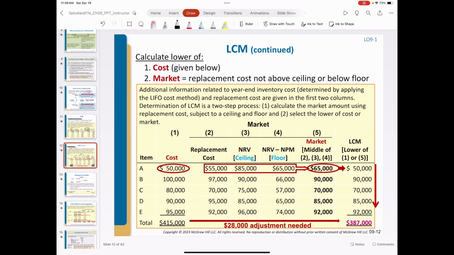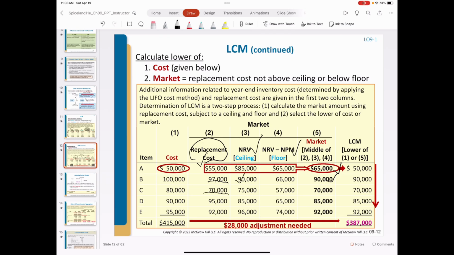Next, replacement cost. We have the ceiling, floor, and then replacement cost. For item A, 55 is under the floor, below the floor, so we use the floor. Replacement cost of item B is greater than ceiling, so we use ceiling.